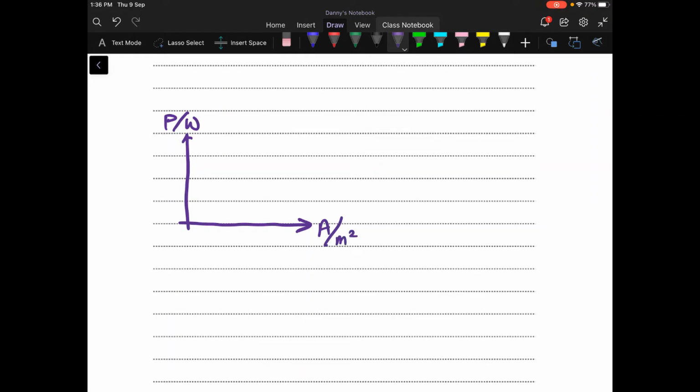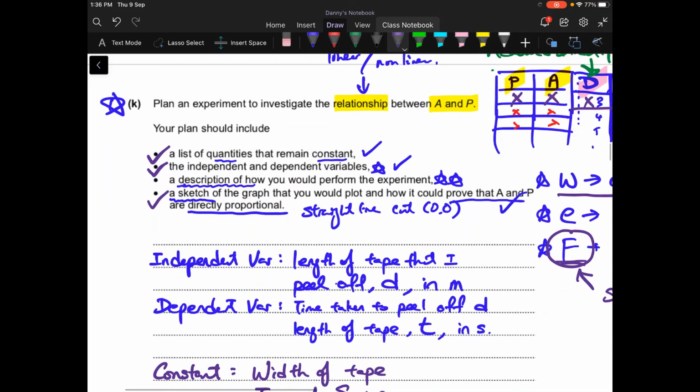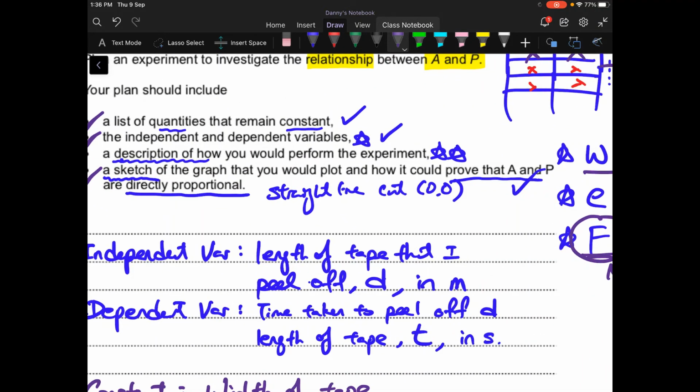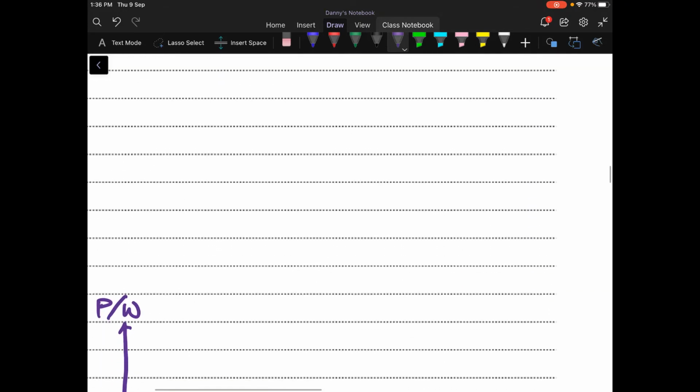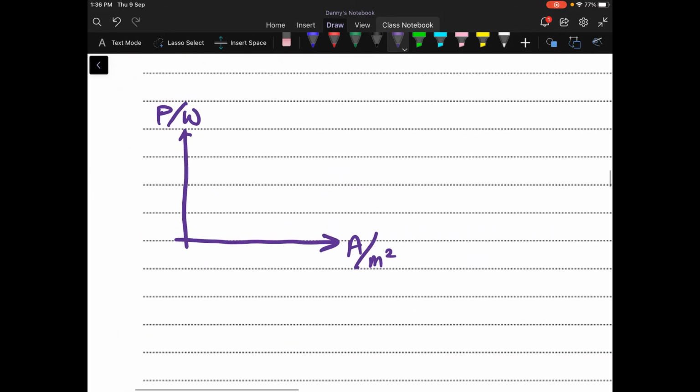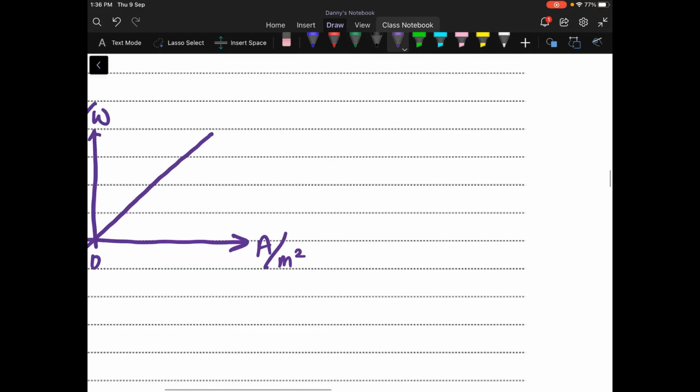Then I have to make sure that the graph proves that A and P are directly proportional. So to prove directly proportional, I must put 0, 0, and it is a straight line, right?